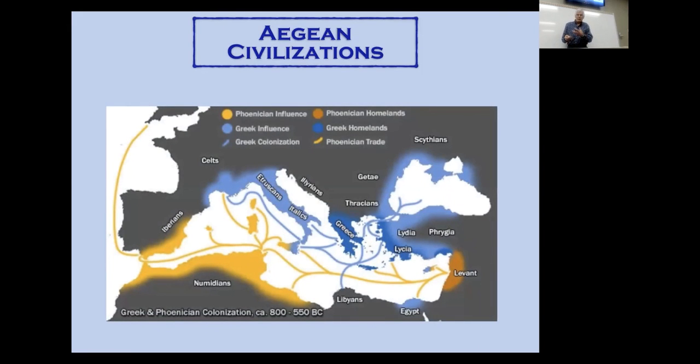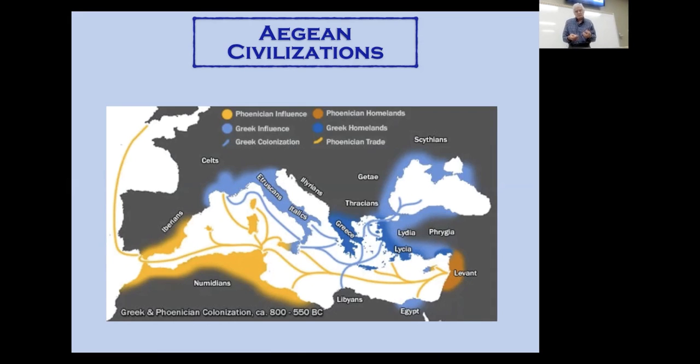And then we look at the Aegean civilizations. Because of all the islands around Greece or the Aegean Sea, they were very good shipbuilders. And so they had all kinds of trade routes. And then the Middle East and Africa, there you can see, also contributed.